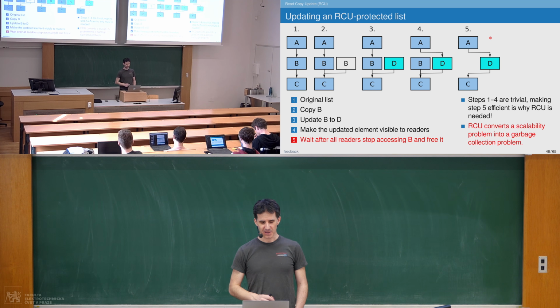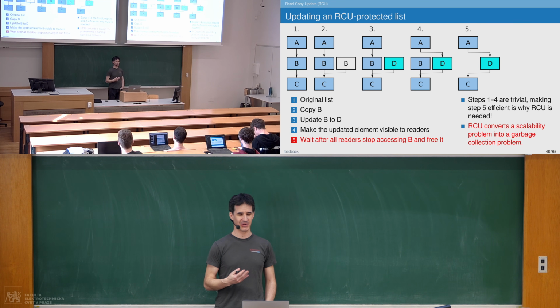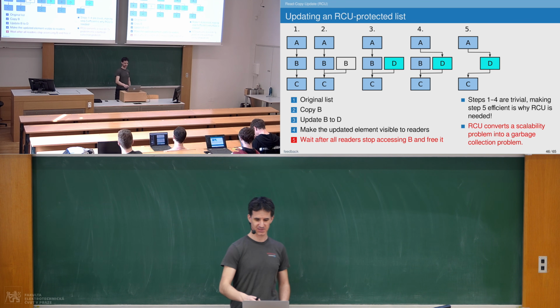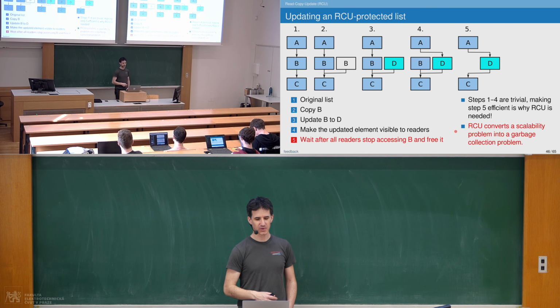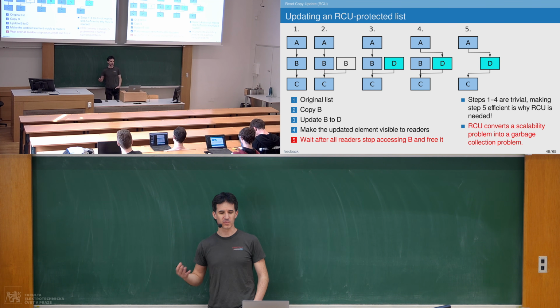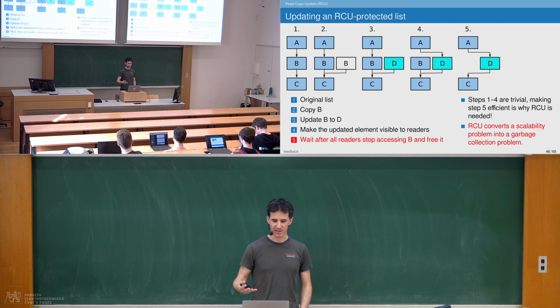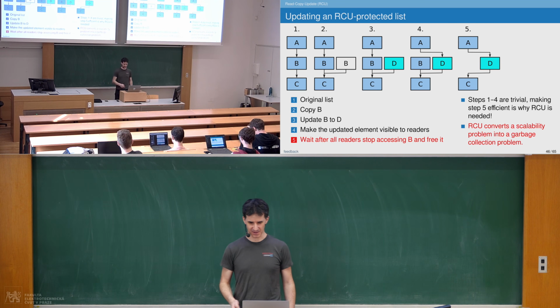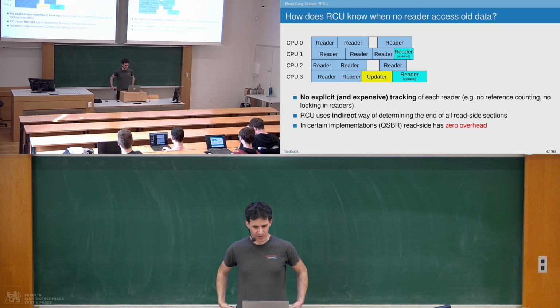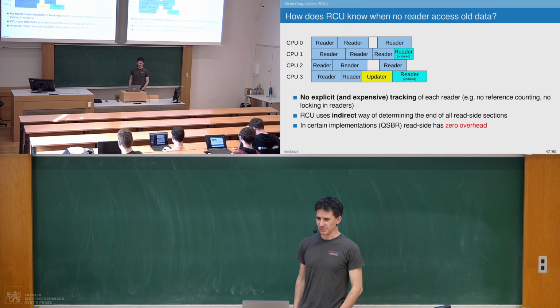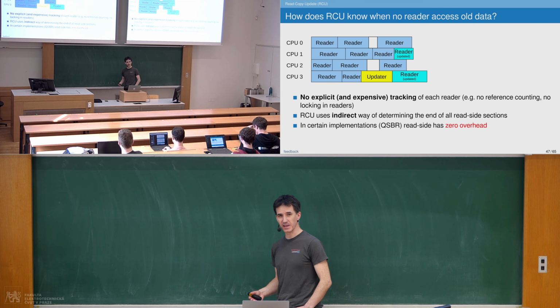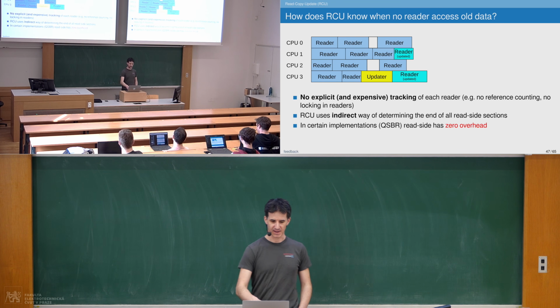So one way of looking at RCU is written here: RCU can be seen as a mechanism which converts a scalability problem into a garbage collection problem. Let's see how it works. Before I start explaining how things work, let's see some general idea.